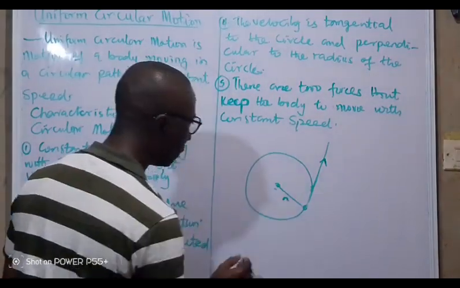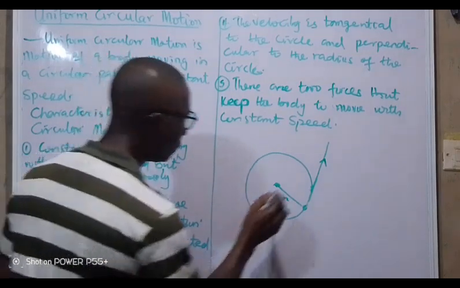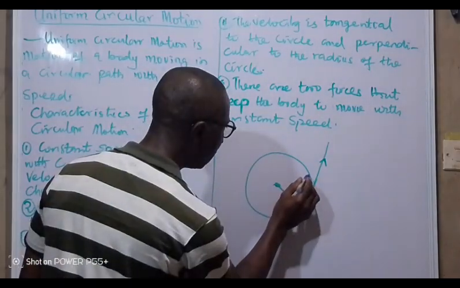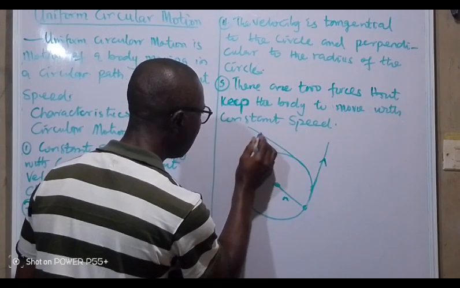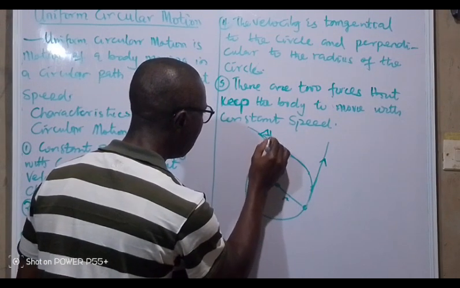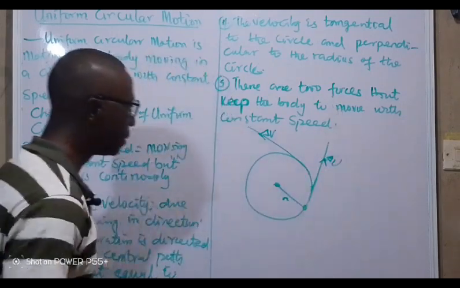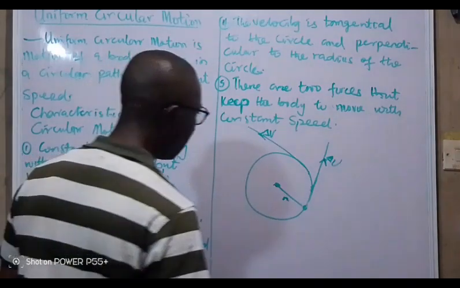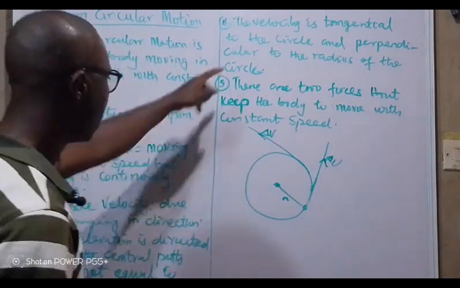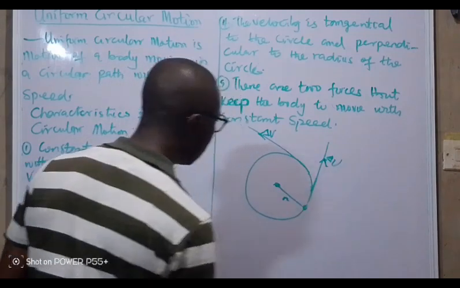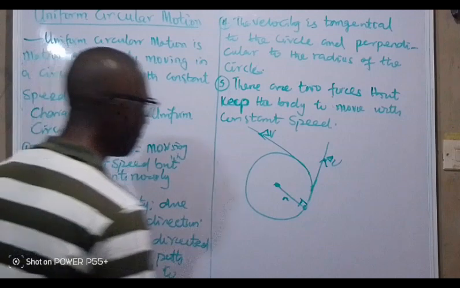This is the radius, that is the distance from the circular path. Since there will be a change in direction like this, this is delta v, that is the change in velocity, and this velocity, according to number 4, is tangential to the circle and perpendicular to the radius of the circle at any particular point.